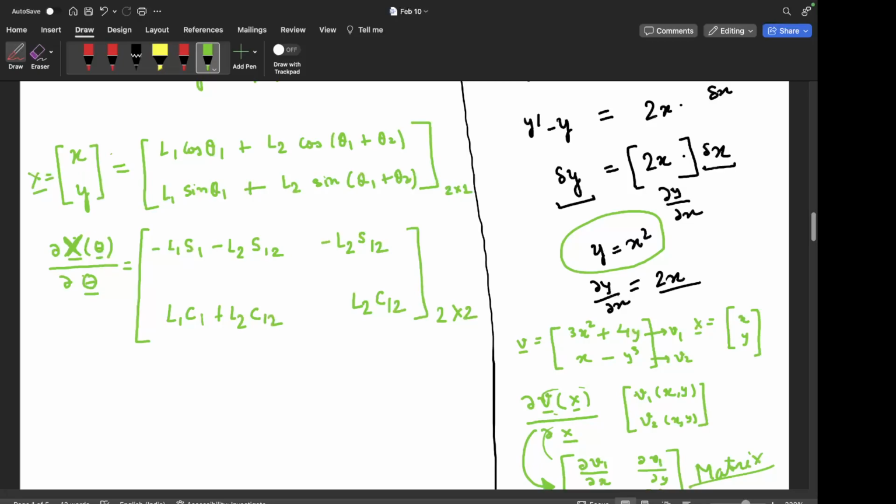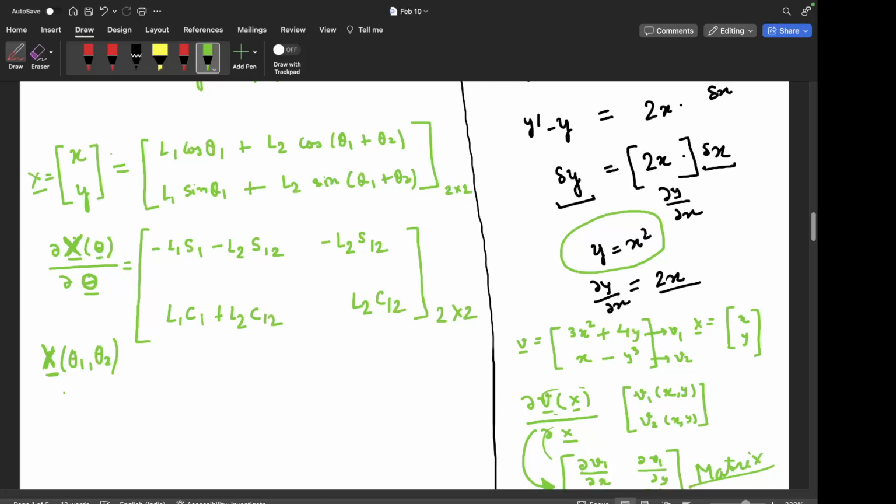Capital theta, again similarly, is the 2 cross 1 vector whose elements are theta 1 and theta 2, which are scalars. So I could have written this as capital X being a function of theta 1 and theta 2.